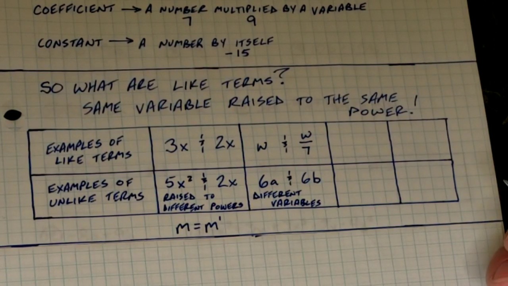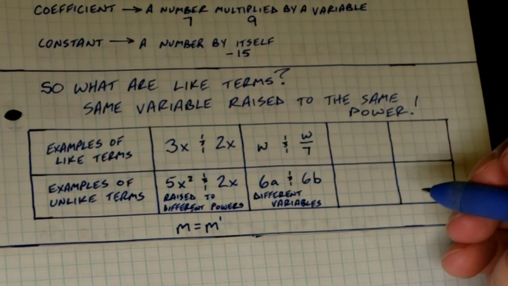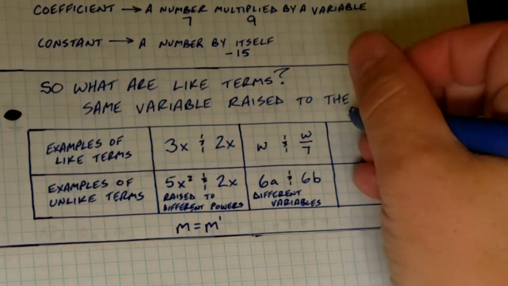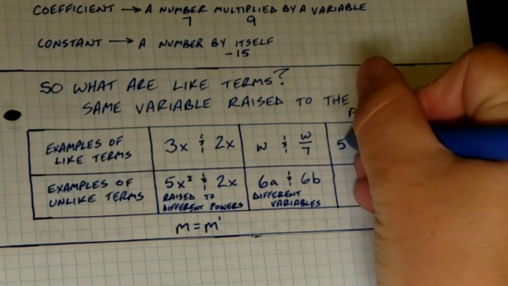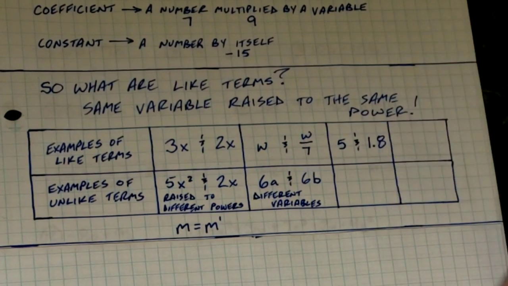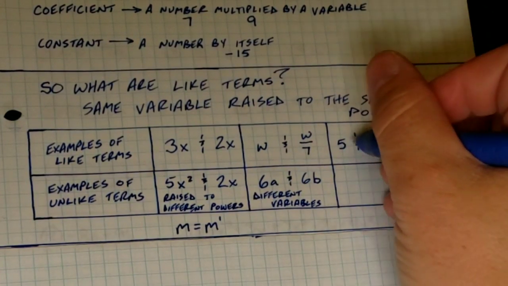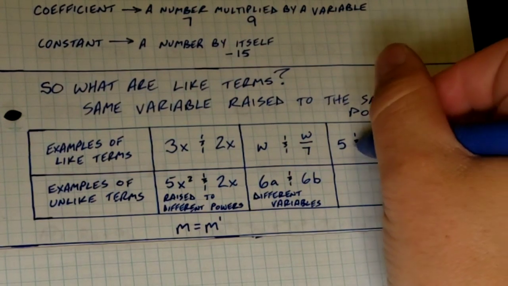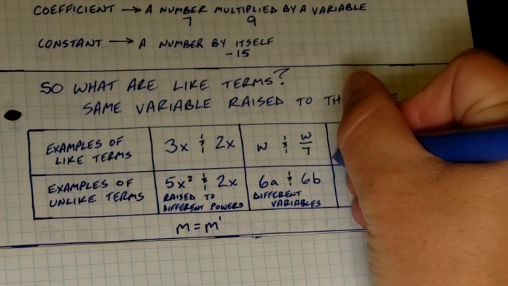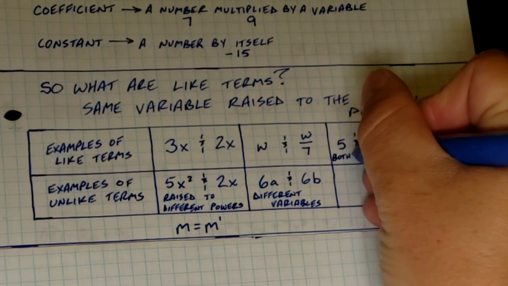Another thing that you need to pay attention to is constants. Constants are like terms as well. So what about the number 5 and 1 and 8/10? Well, they have the same variable in that they're both missing their variable. They're just constants.